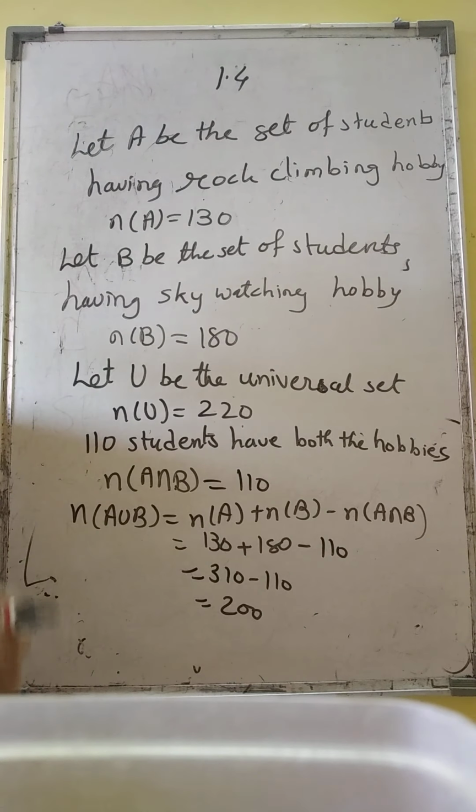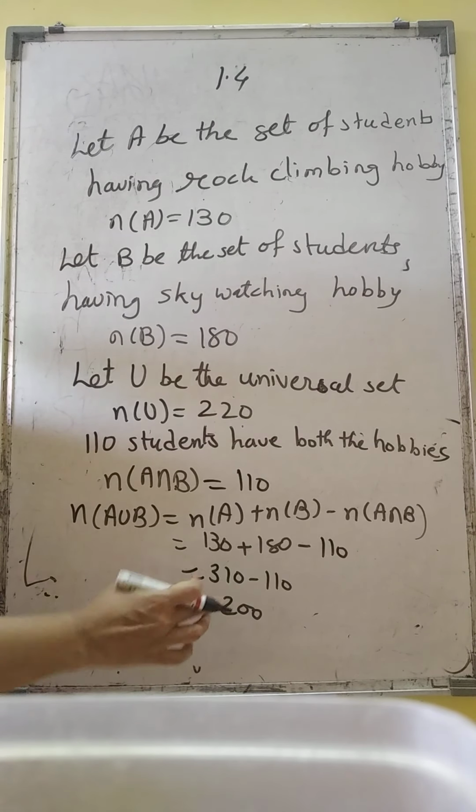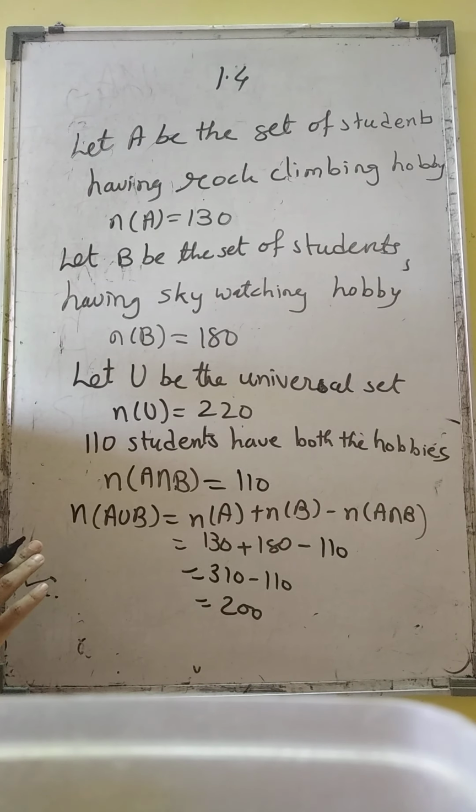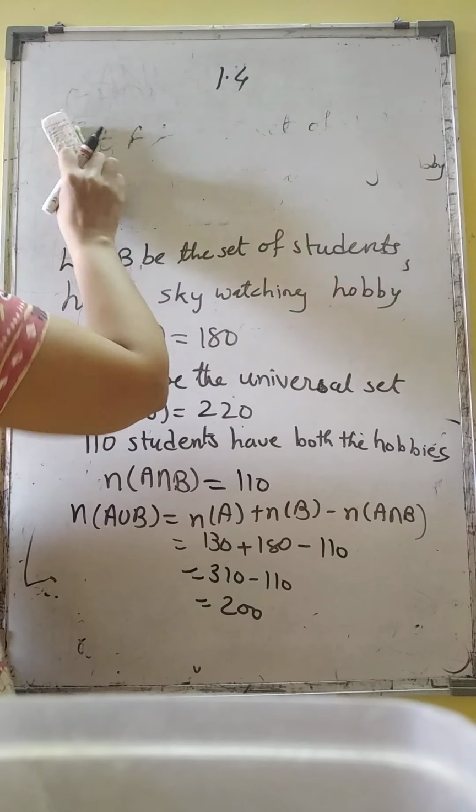So 200 children have some hobby. Out of 220 students, 200 have one hobby or the other. So how many students do not have any hobby? Can you tell? 220 minus 200. Yes, correct.